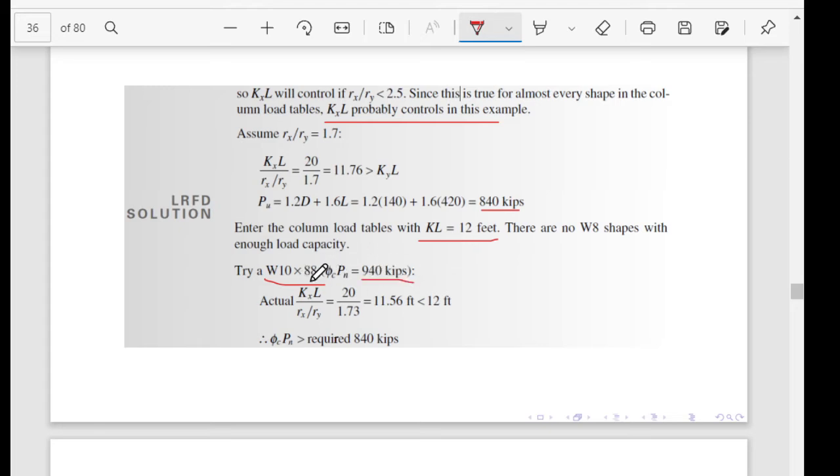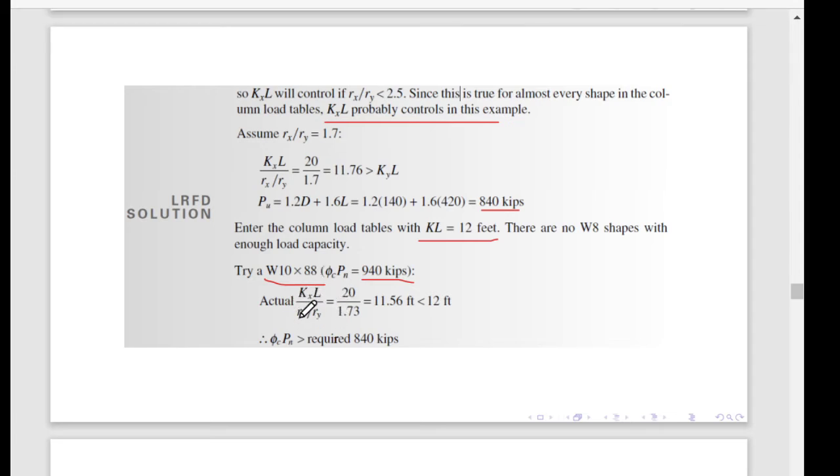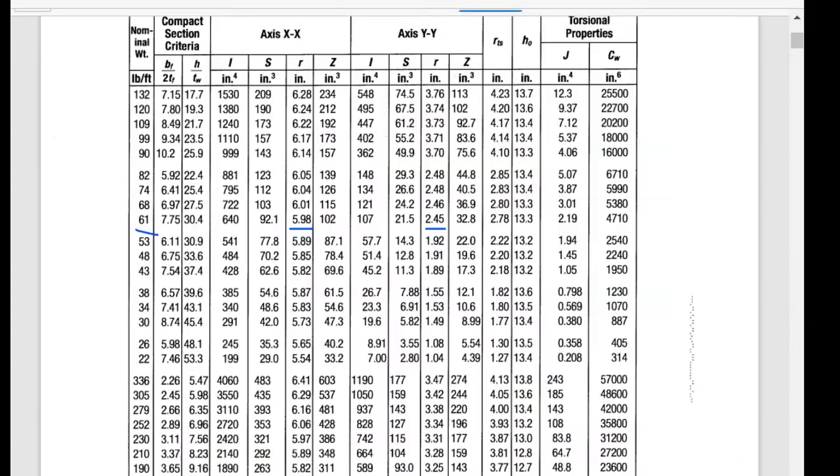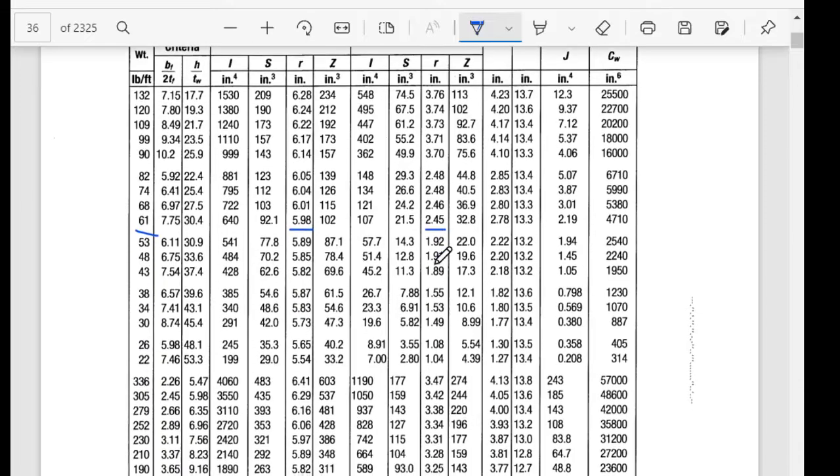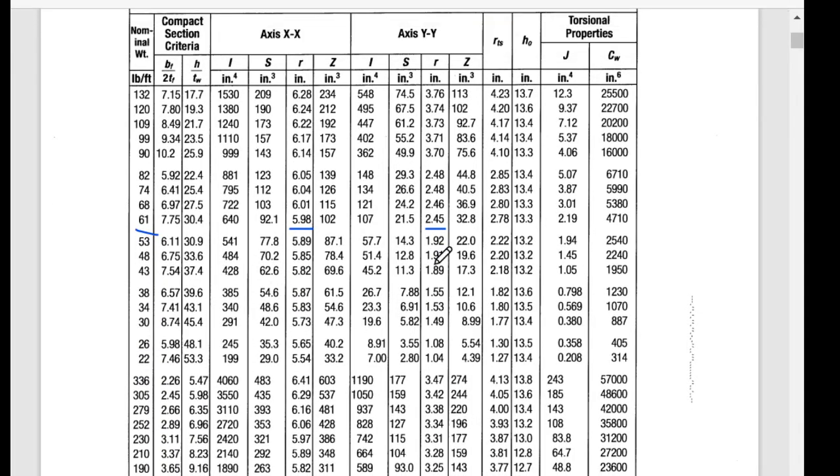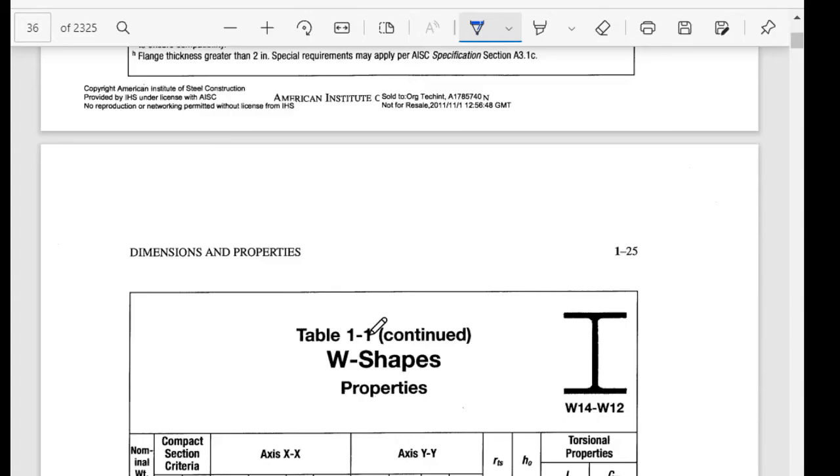So, kining W10 by 88, again, tanaw na po mo ang iyahang radius of gyration along X and along Y, then get the ratio. Nakato na pong table. Remember, sa W10 by 88, tanaw ni mo sa table.